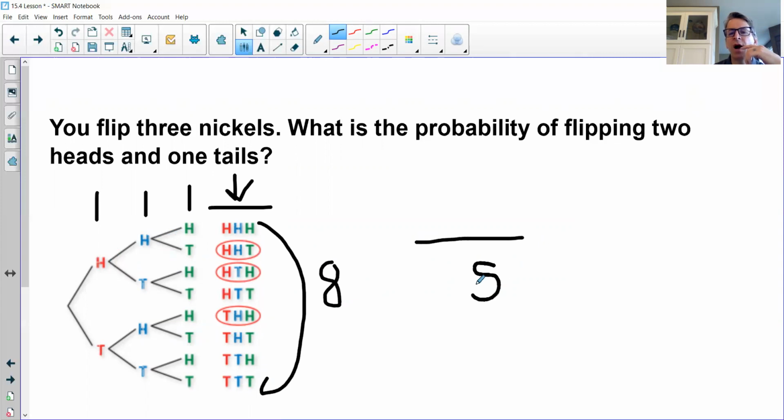So when we're finding the probability of flipping 2 heads and 1 tail, we're looking at just these ovals. The 2 heads and 1 tail, 2 heads and 1 tail, 2 heads and 1 tail. So in that case, we have 3 ovals over a total of 8 possibilities. So 3/8 or 37.5%.